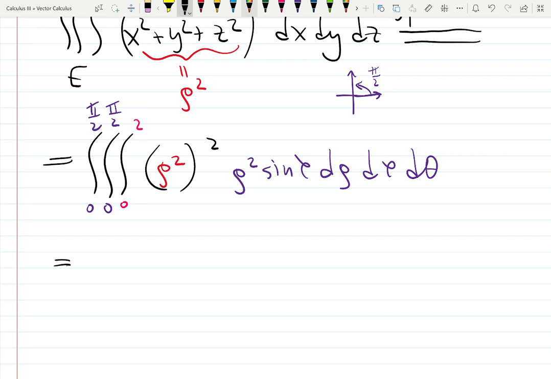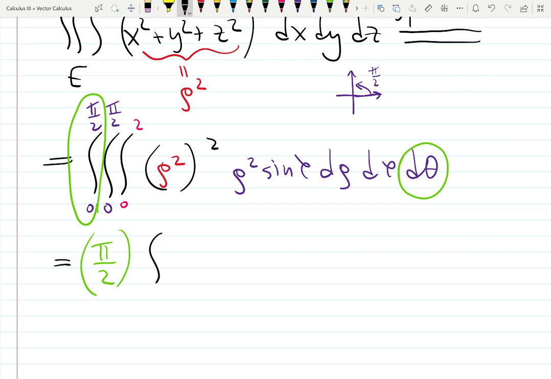So, one thing is quickly, we don't see any function with theta, but theta is from 0 to pi over 2. That gives you right away, what? Pi over 2. The length of the interval is the answer for that integral. Now, what we do have is a function in terms of rho, that is rho to what power? 6. Good job.